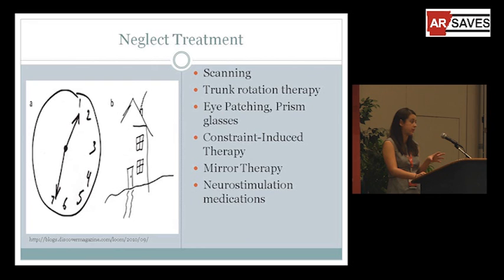And then also prism glasses, which bring that neglected side into their field of vision. Constraint-induced therapy again, mirror therapy is important. And then neurostimulation medications like amantadine and methylphenidate and bromocriptine have also been shown to improve recovery of neglect in these patients.